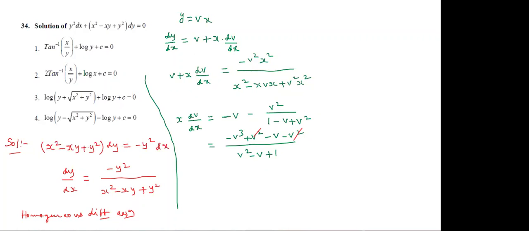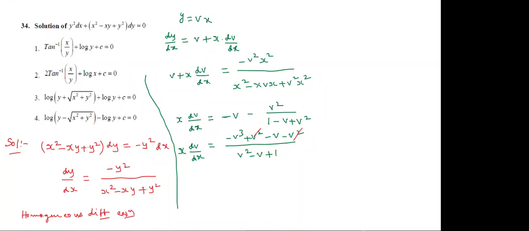Then remaining what is there? So left hand side, see that x into dv by dx. Okay, students. Next step, how to do that? Separate the variables.